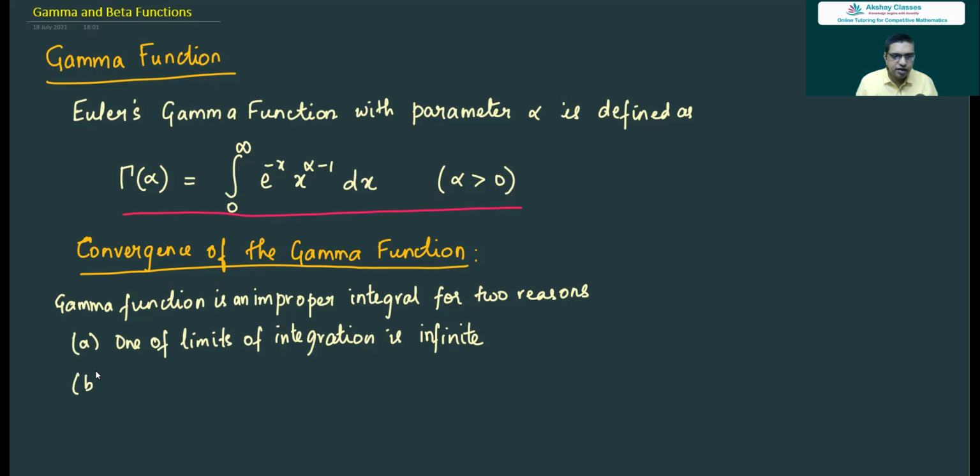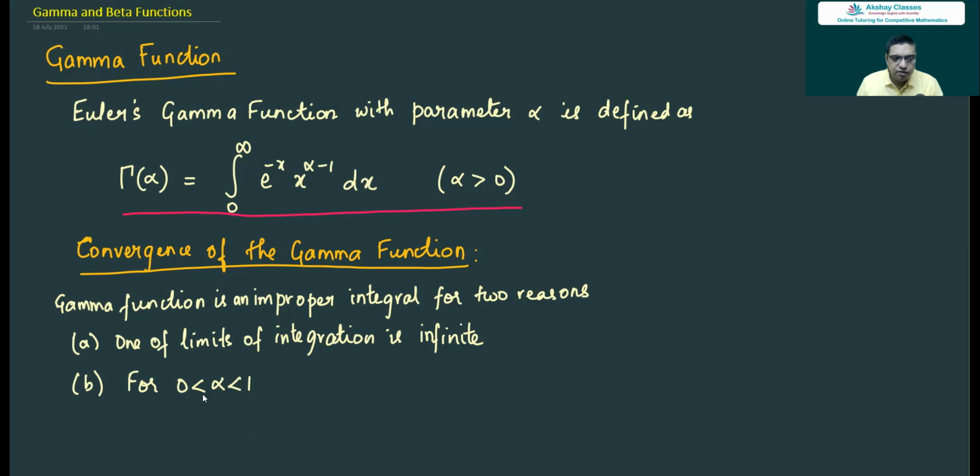And secondly, for alpha less than 1, alpha greater than 0. So when alpha is less than 1, the power of x will be negative. So basically you will get 1 upon x raised to a positive power.